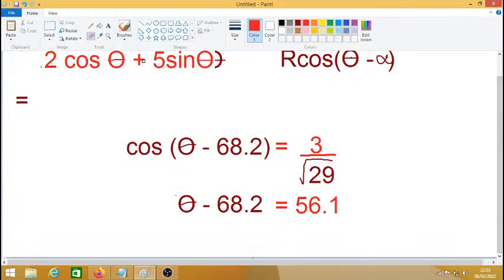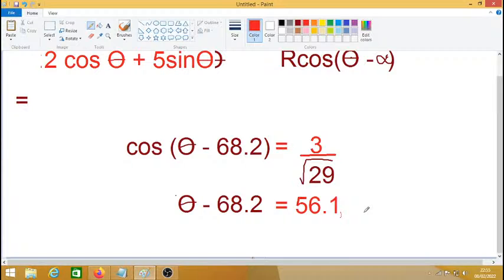But not so quickly at this stage. You have to slow down a little bit and say, look, when I inverse cos 3 over root 29, I do get one answer on my calculator, but there are other answers as well. So you have to use the fact that the cosine graph repeats every 360 degrees. It's also symmetrical about 0.